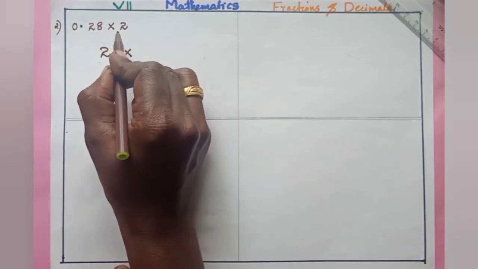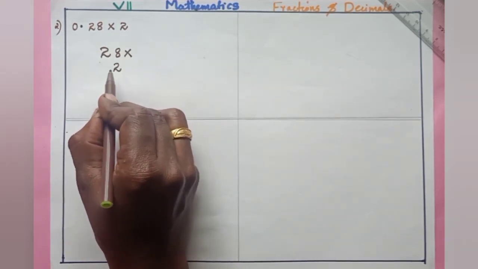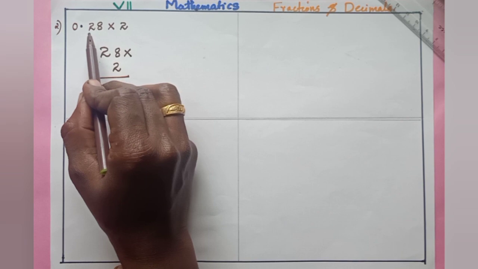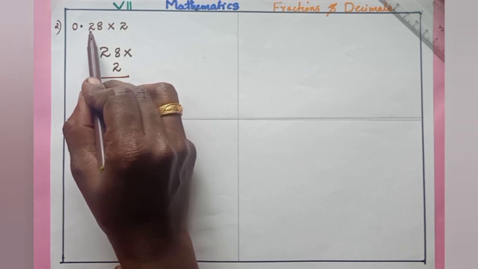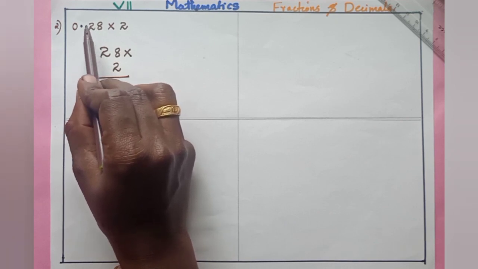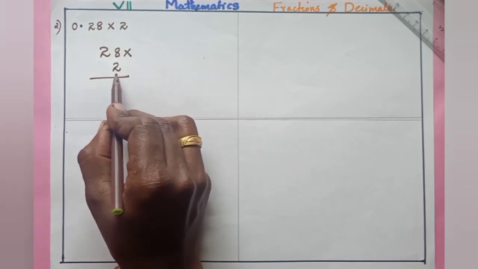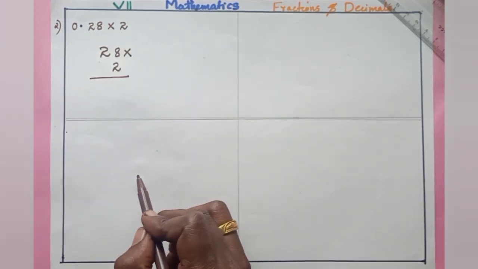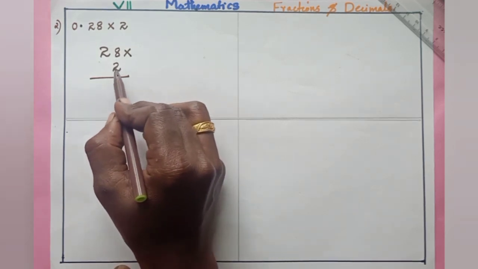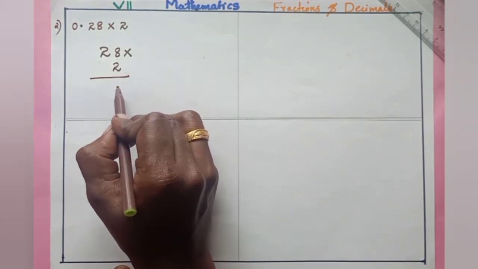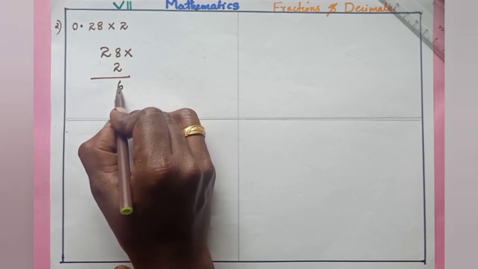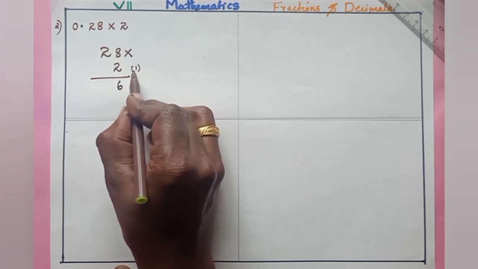Multiply by the whole number 2. 2 into 8 is 16, 1 balance.